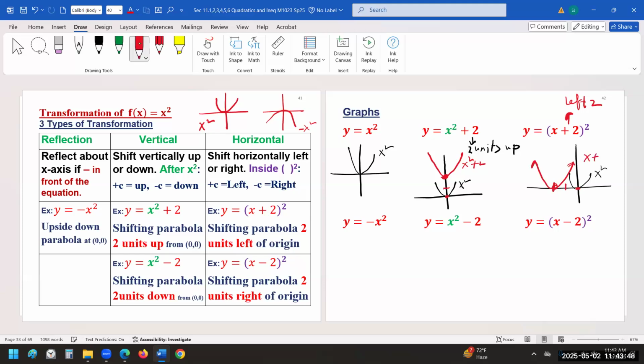So it's x plus 2 with a square. The original vertex shifted 2 units to the left. Why? Because we have plus 2 inside our parentheses, inside the square. And here, the original one shifted 2 units up because we have the original one and then plus 2.